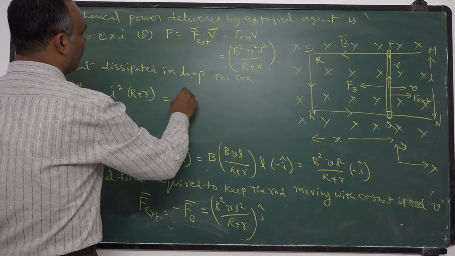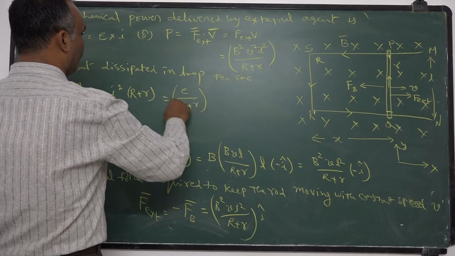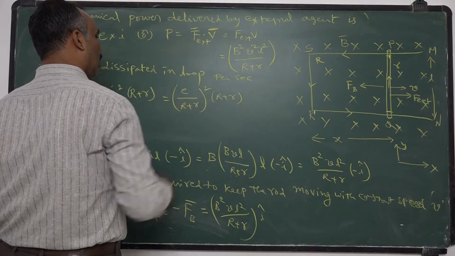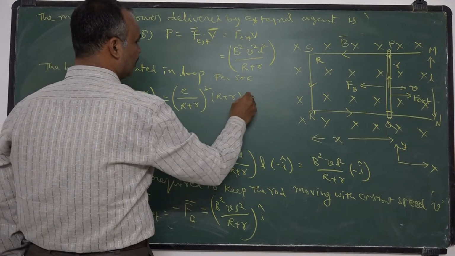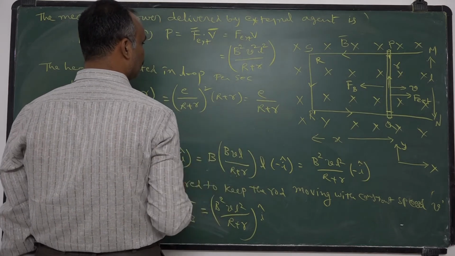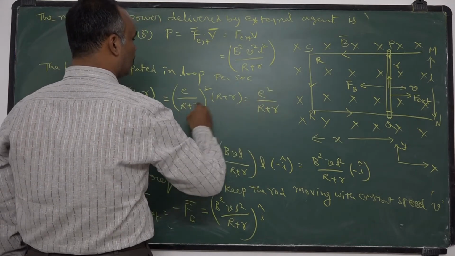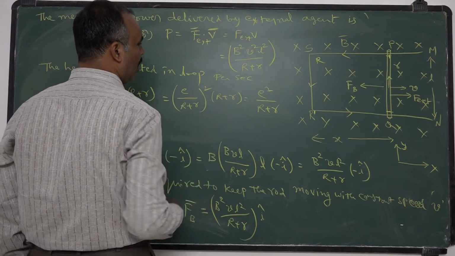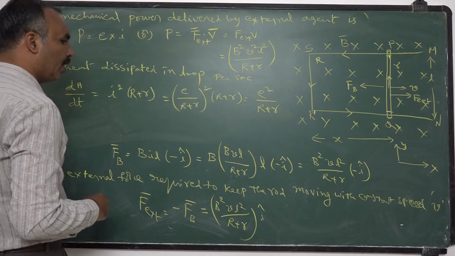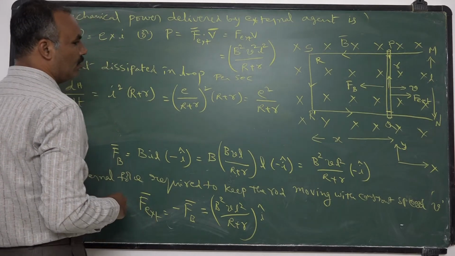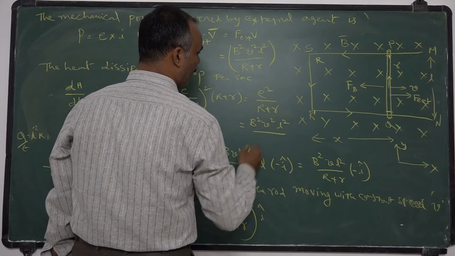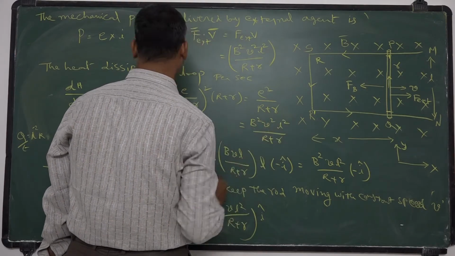E by (R plus r) into (R plus r), E by (R plus r) whole square, that is nothing but E square by (R plus r). E value is given by BVL. So B square V square L square by (R plus r).